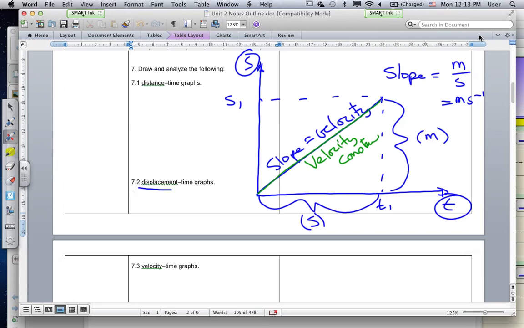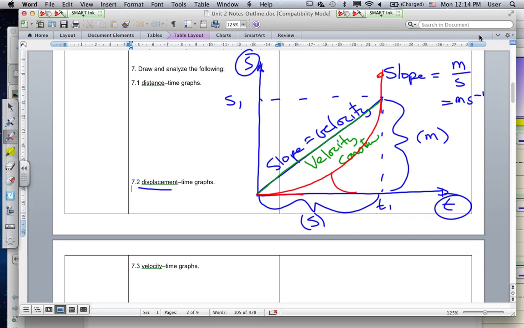But if I had something that went like that, you can see that your slope starts off at 0, and in the end it's going like this. So you're getting a changing slope, and therefore a changing velocity.